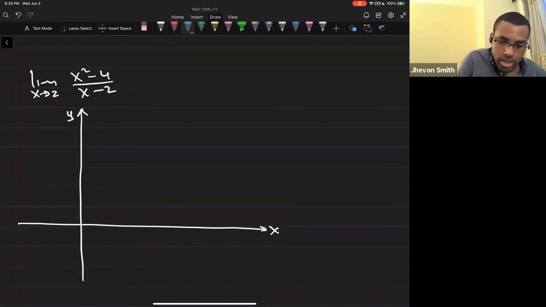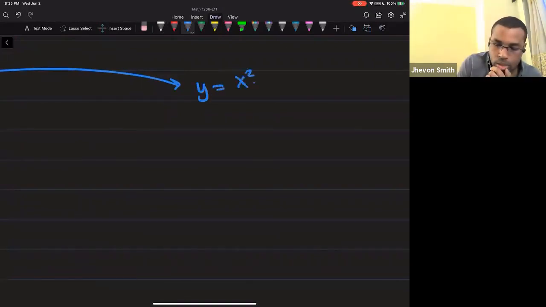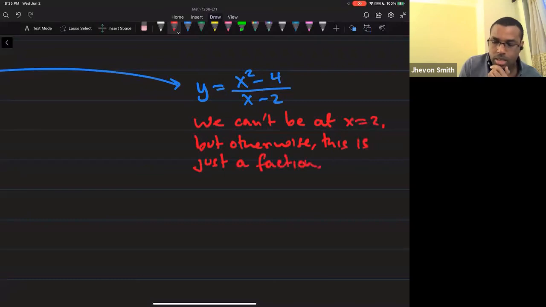So here's something you can realize. Let's say we have y equals x squared minus 4 over x minus 2. We can't be at 2, but otherwise, this is just a fraction, right?